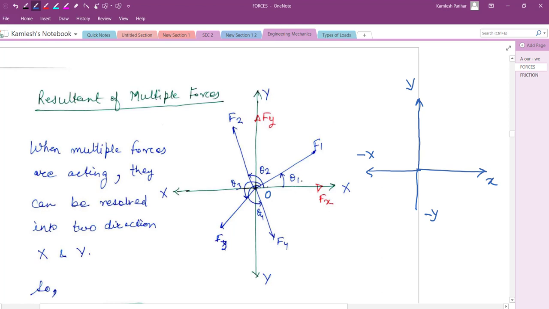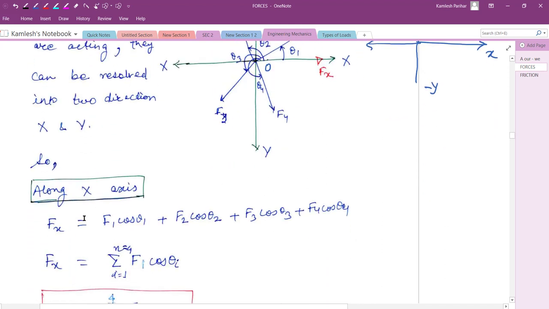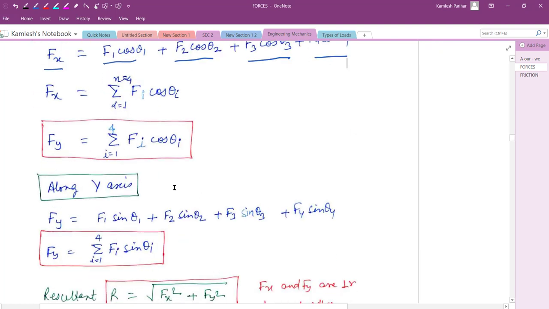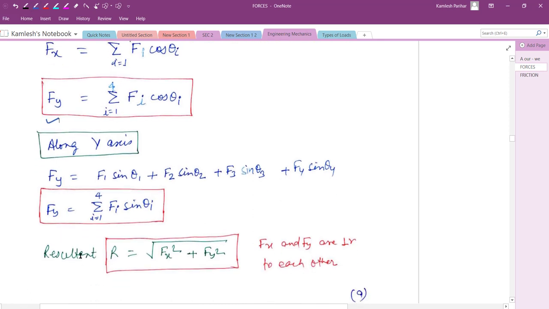So what we are going to do here, we will take the components of all these forces. So what will be the component? Here it is shown that the x component, that is Fx, will be F1 cos theta 1 plus F2 cos theta 2 plus F3 cos theta 3 plus F4 cos theta 4. Similarly, the perpendicular component will be sin theta. So the y component, Fy, will be F1 sin theta 1 plus F2 sin theta 2 plus F3 sin theta 3 plus F4 sin theta 4.